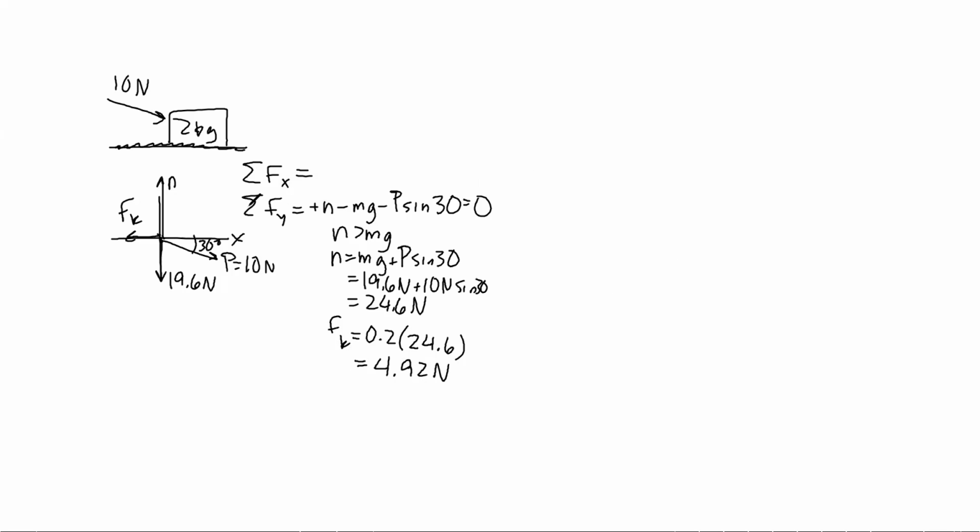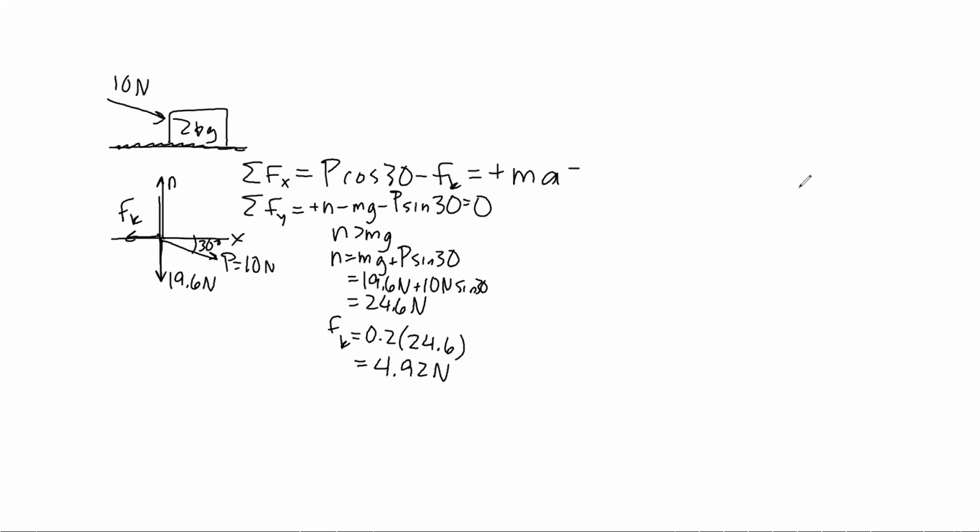Looking at the forces in the x direction, that's P cosine of 30 minus that bigger friction force equals mass times acceleration. So there are two things that literally add together to reduce the acceleration. We've got a smaller effective push competing against a now larger friction force.